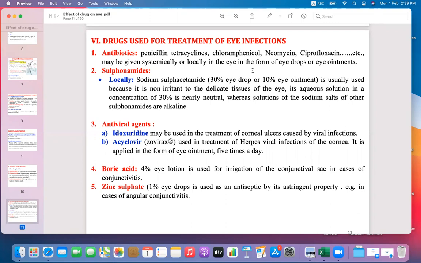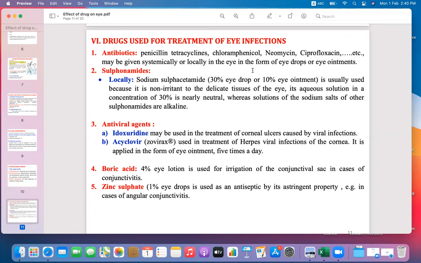Its aqueous solution in the concentration of 30% is nearly neutral, whereas solutions of the sodium salts of other sulfonamides are alkaline. So neutral solutions are used locally. Sulfonamide is in the category of antibacterials in the treatment of eye infection.